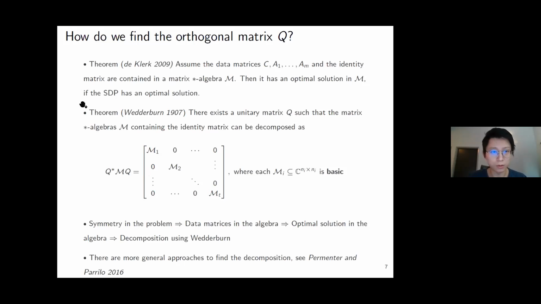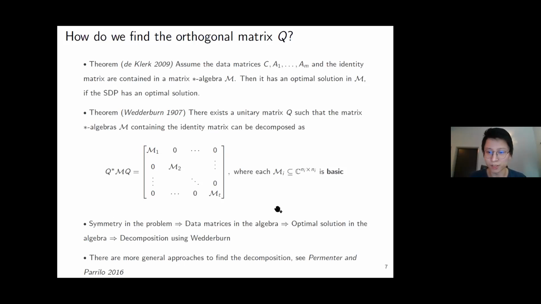So these two theorems together mean that if I have an SDP, if I have a problem and there is a symmetry in the problem, then I can translate this symmetry into symmetries in the data matrices, in the sense that the data matrices are contained in some matrix star algebra.